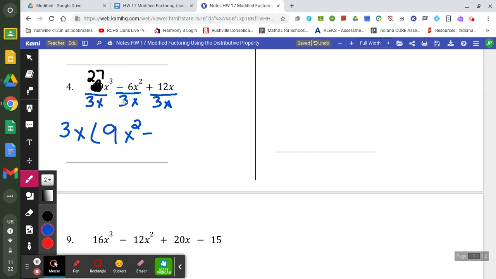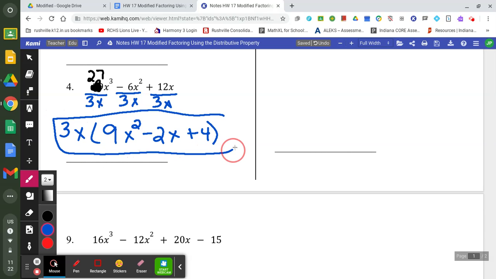Minus, and then 6 divided by 3 is 2. x to the second divided by x to the first is x. And then 12 divided by 3 is plus 4. And x divided by x, those cancel. So my answer is 3x times the quantity 9x squared minus 2x plus 4.